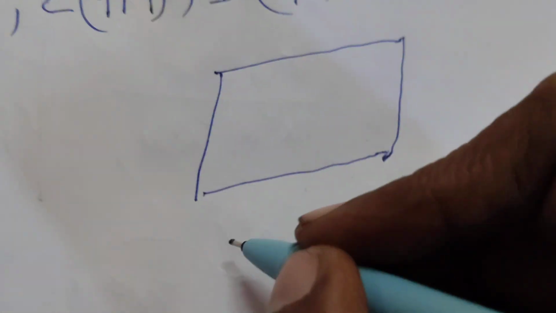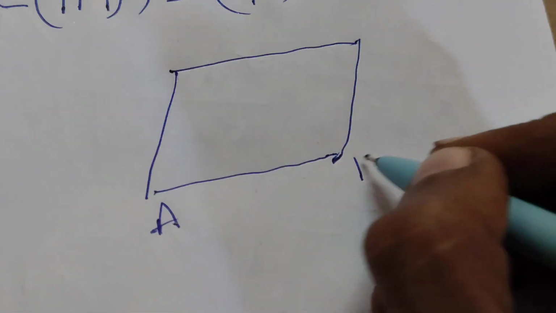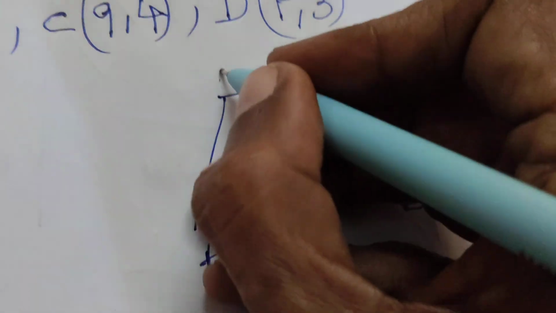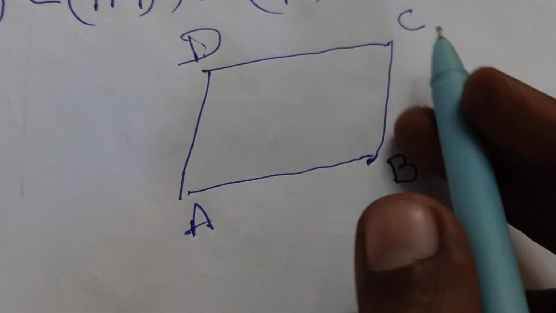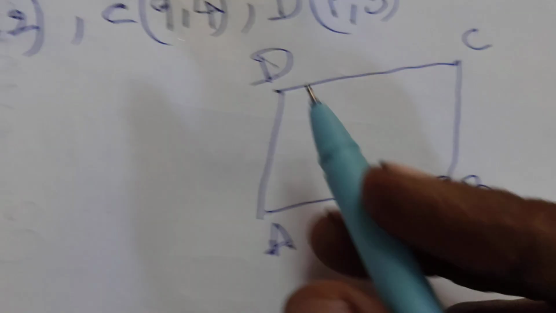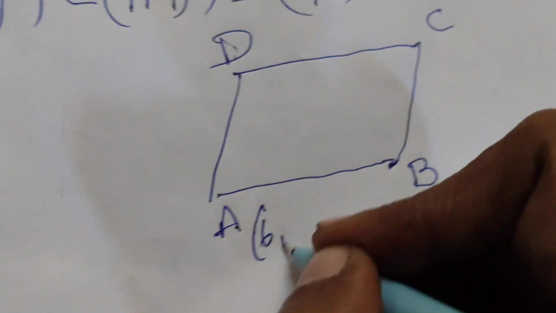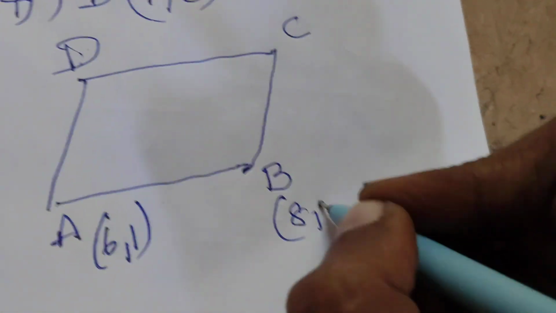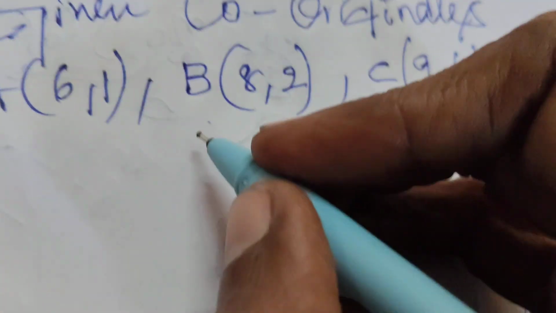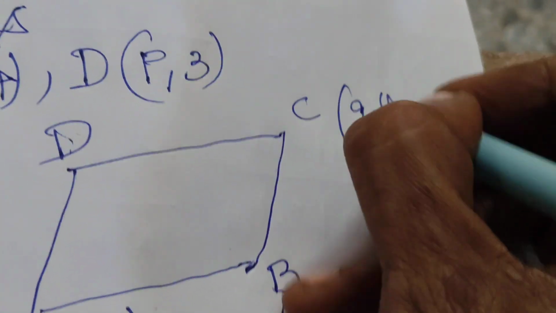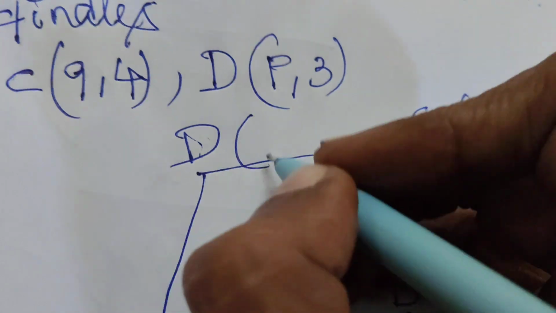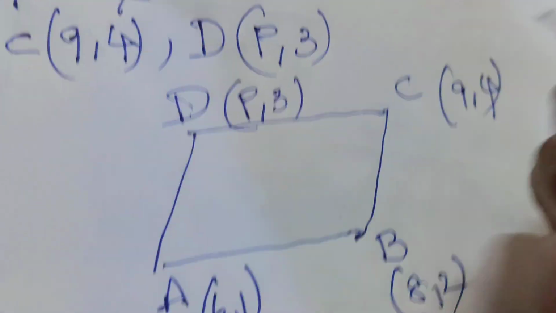This is the parallelogram, and A, B, C, D are the four vertices.